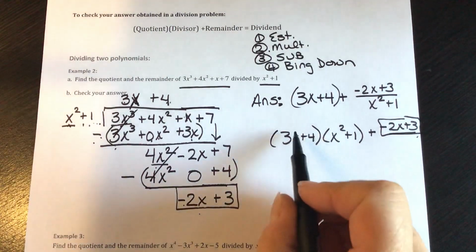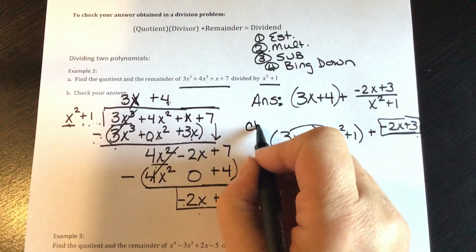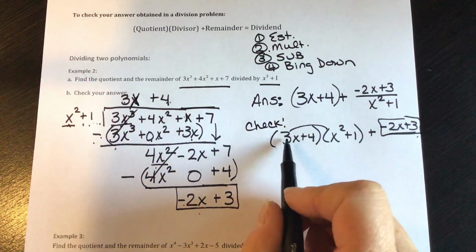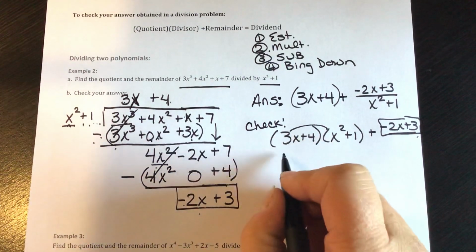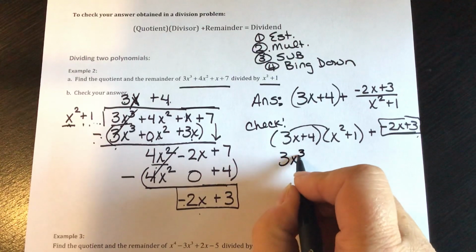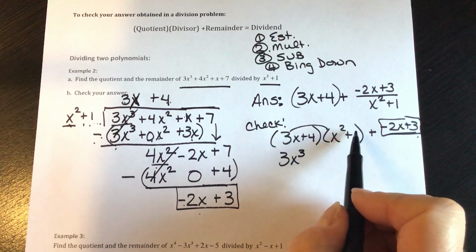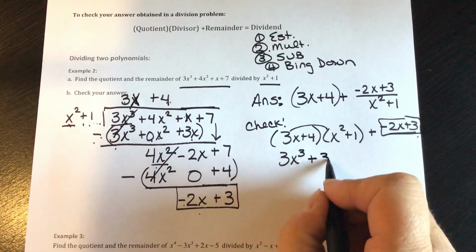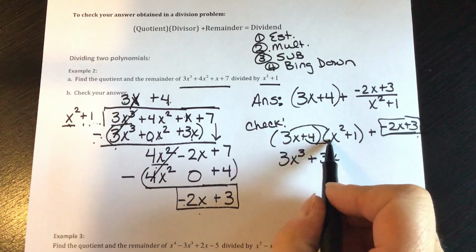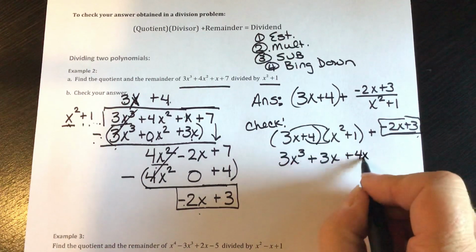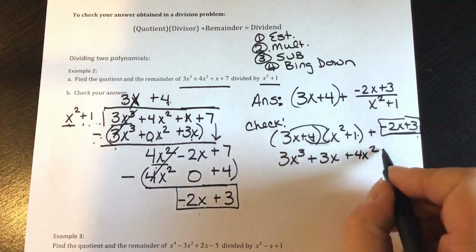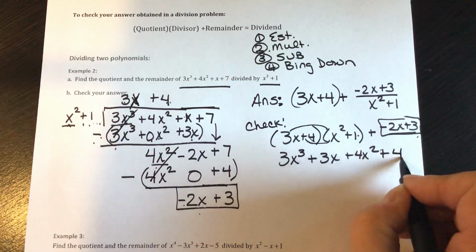So if I distribute, here's my check, 3x times x squared is 3x to the third. 3x times 1 is plus 3x. 4 times x squared, and then 4 times 1 is 4.